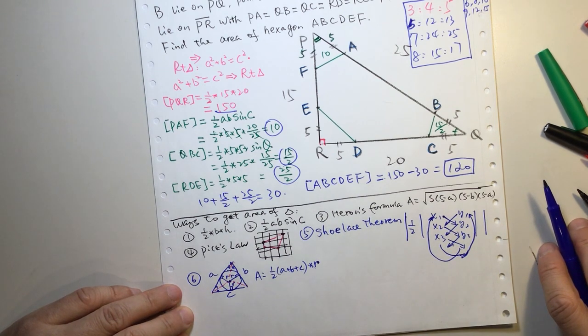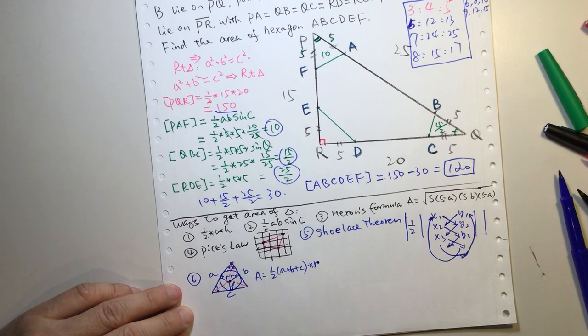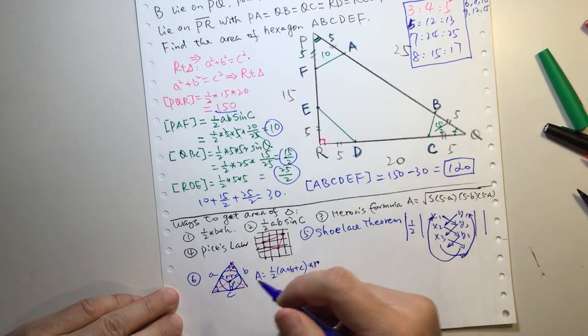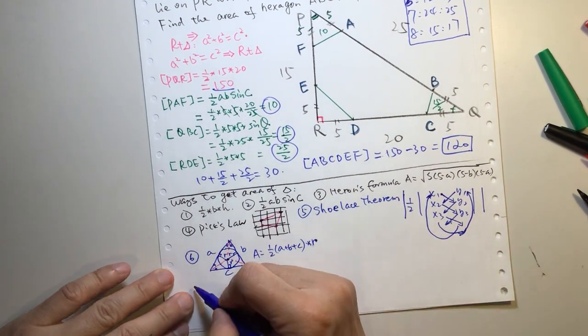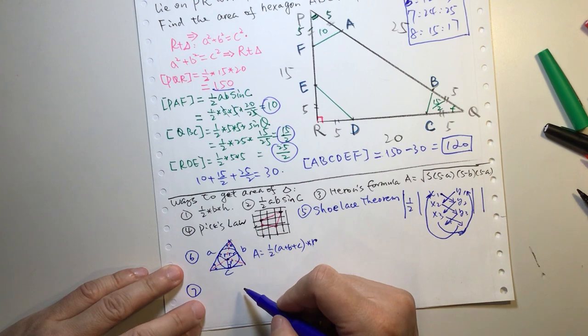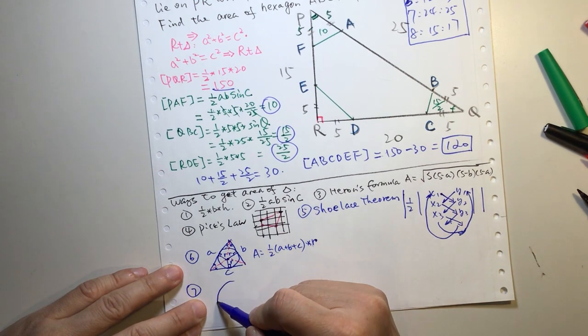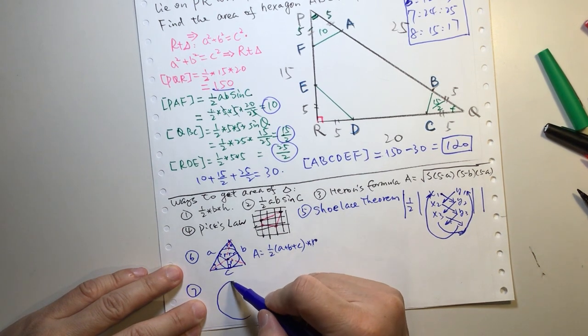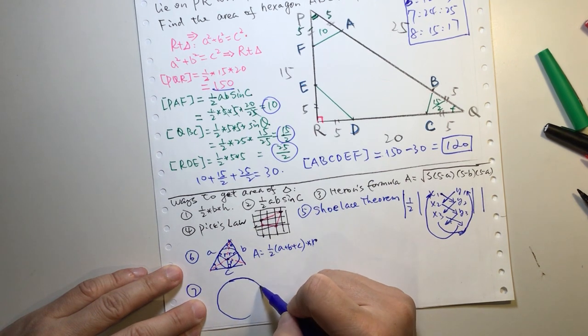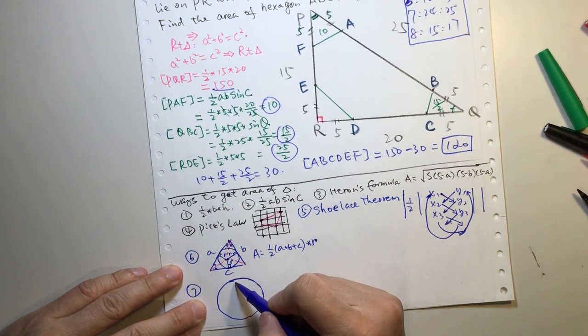And also we have another way to calculate the triangle's area. That's the seventh way. This is a circumscribed circle of a triangle.